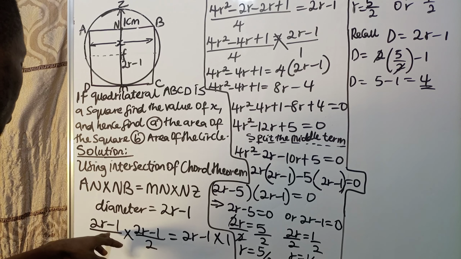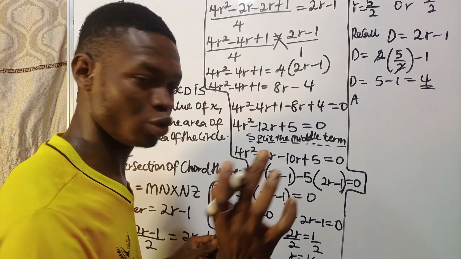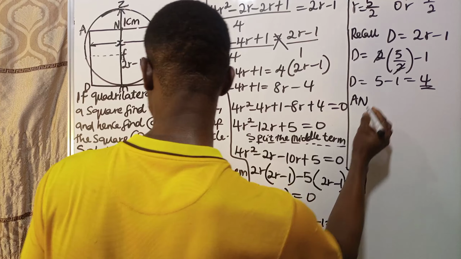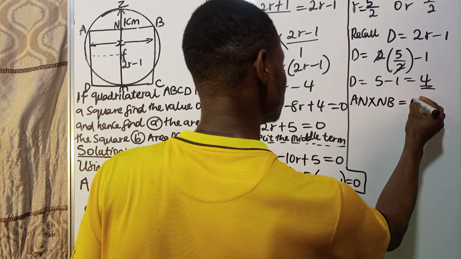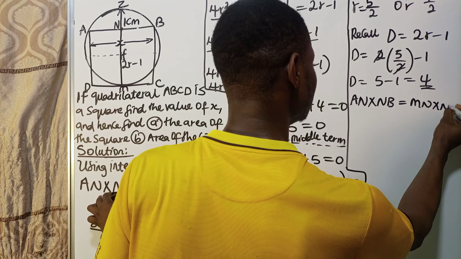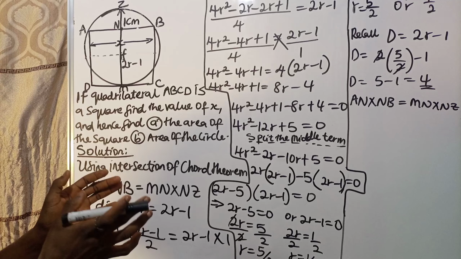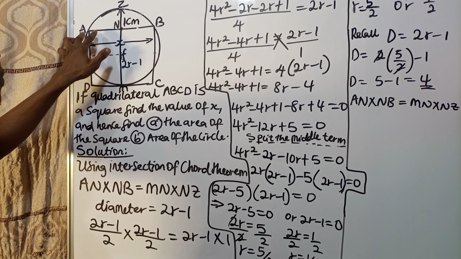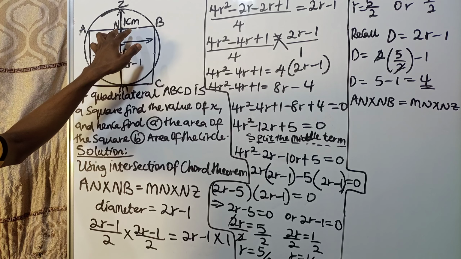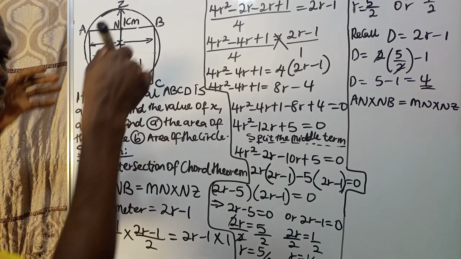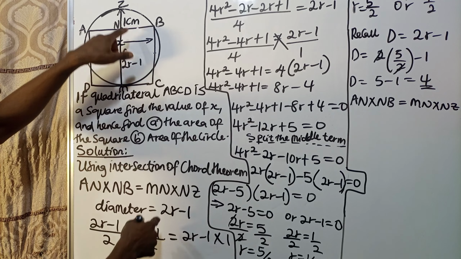We can now say that AN times NB is equal to MN times NZ, to know whether you are correct in what you solve, because they told us that in the intersection of chords, from A to N and N to B, AN times NB will still give you the same value as MN times NZ.